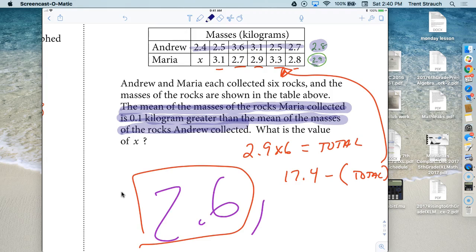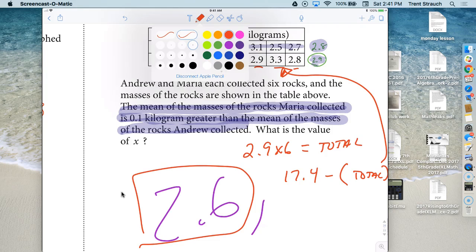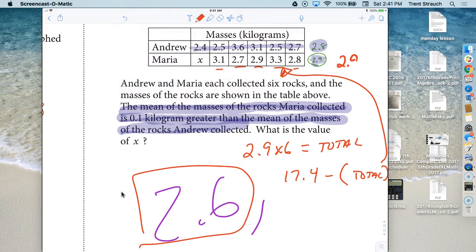Everybody with me? To find the average, you add them up and divide by the number of rocks. There are 6 rocks, so you add them up, divide by 6, you get 2.8, right? Now it says Maria is 0.1 kilograms greater. So that means her average has to be 2.9. You agree with that?